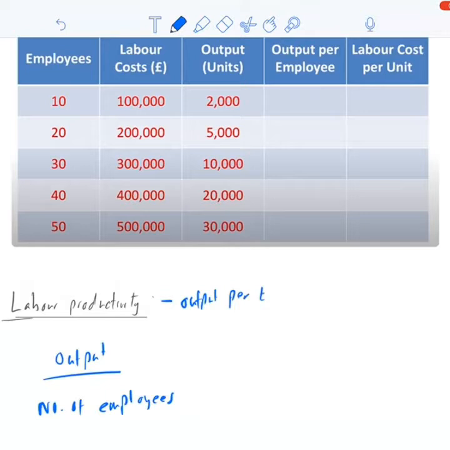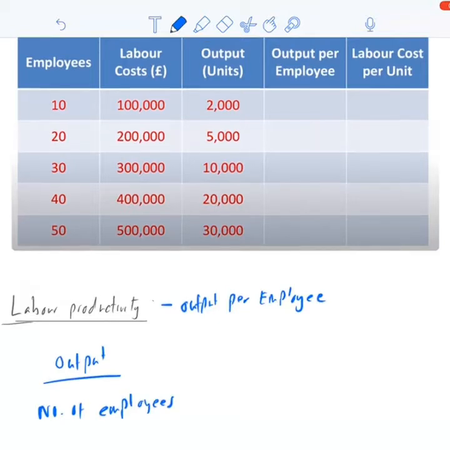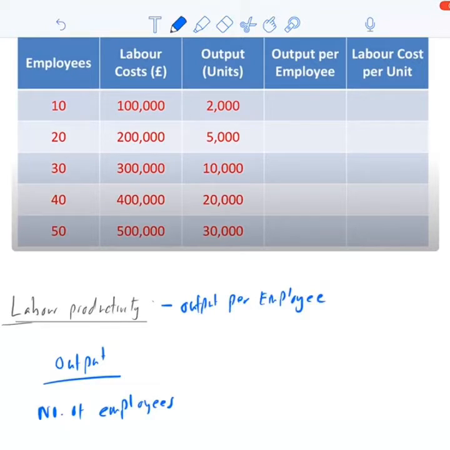And the formula is the total output divided by the number of employees. So you should have here for the first one, 10 employees, the output is 2,000. So 2,000 is the output, divide that by 10 employees, and you'll get an answer of 200.